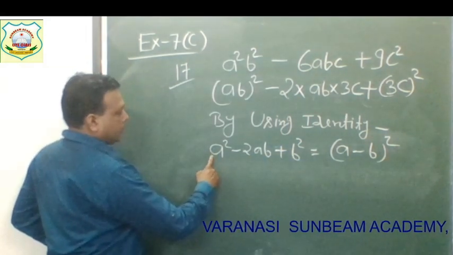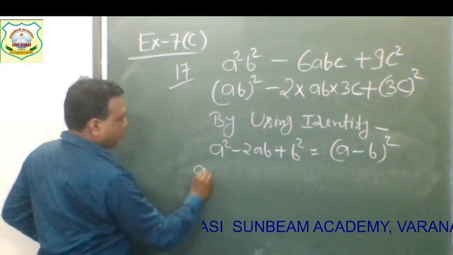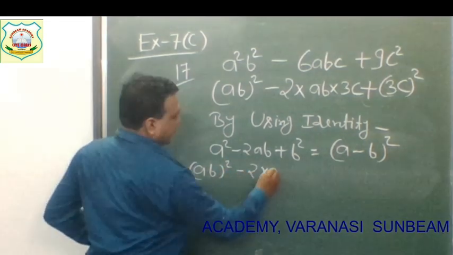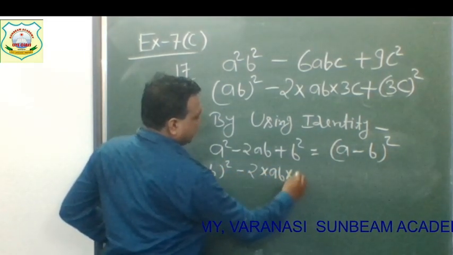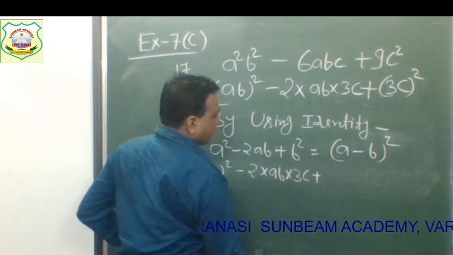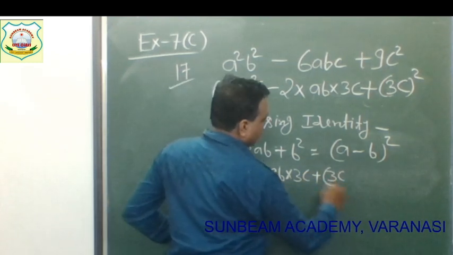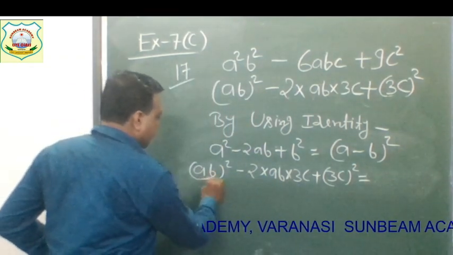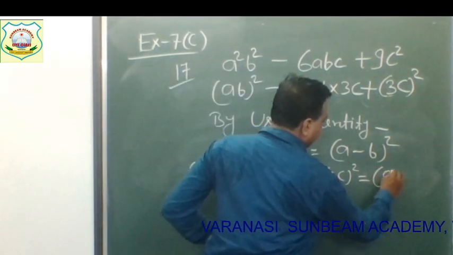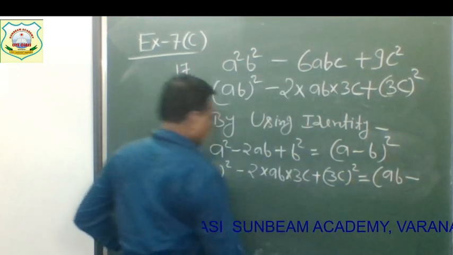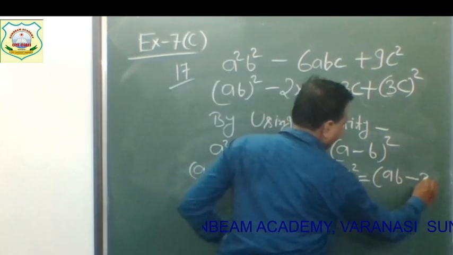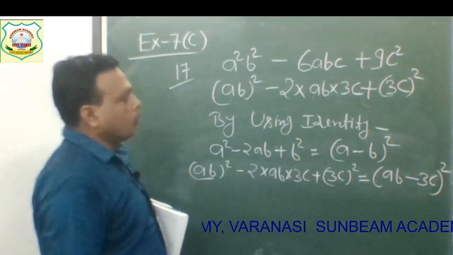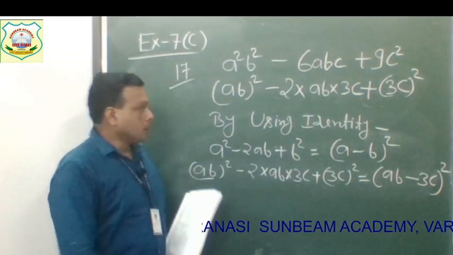So (ab) whole square minus 2 multiply a is ab multiply b is 3c plus b square, that is (3c) whole square, equal (a minus b) whole square. A, what we have taken? ab. So ab we will write minus b, what we have taken? 3c, that is whole square. (ab minus 3c) whole square. Clear, students? Now note it down, everyone.